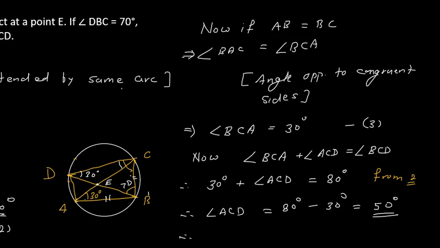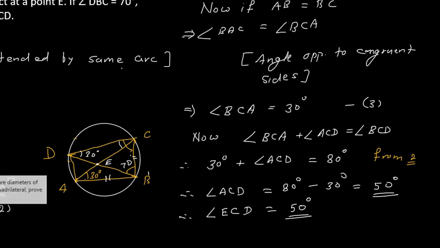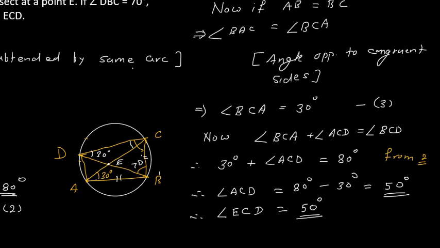So angle ECD will be equal to 50 degrees. So both the things we have calculated: angle BCD is 80 degrees, and ECD is 50 degrees.